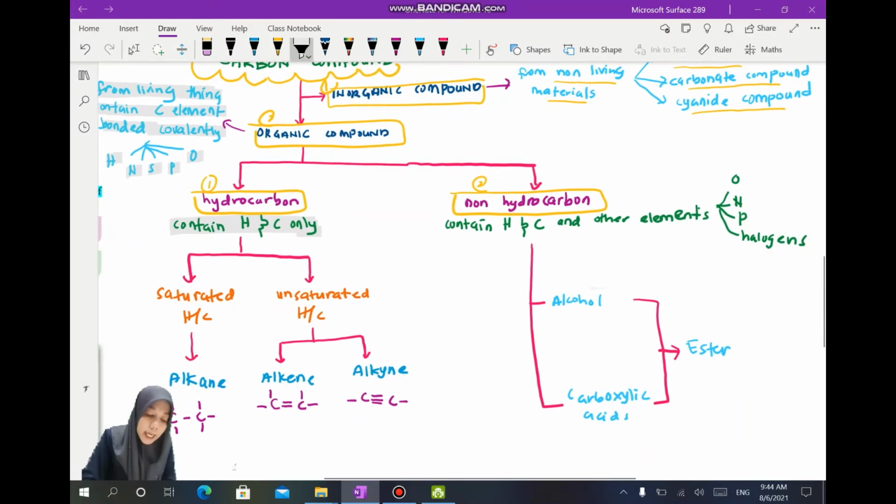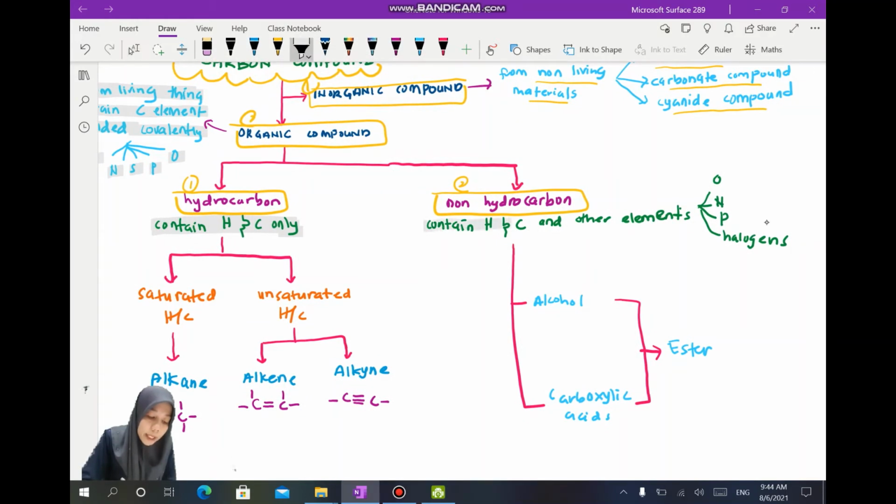For the non-hydrocarbon, contain hydrogen and carbon and other elements such as oxygen, nitrogen, phosphorus or halogen. Okay, halogen kat sini contohnya halogen group 17, contohnya chlorine, bromine, iodine, fluorine. Okay, boleh. Ini normally lah.